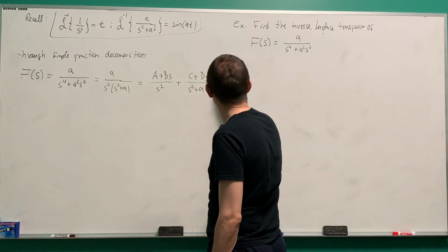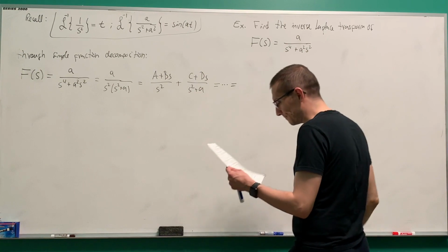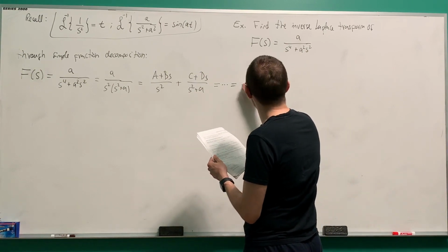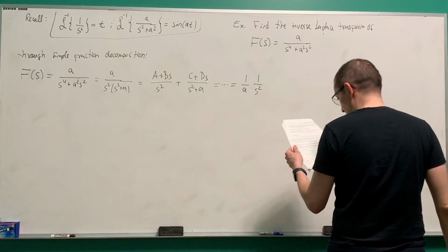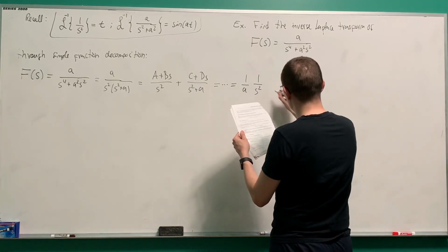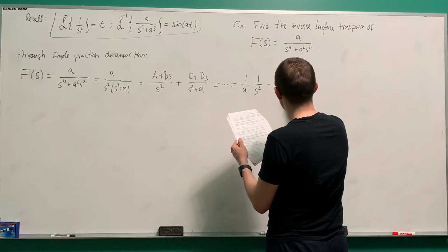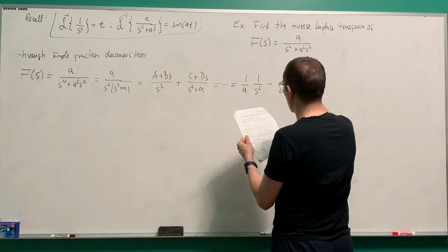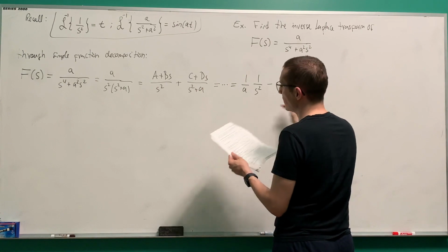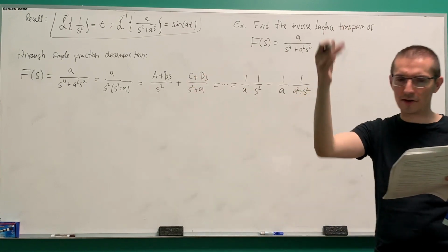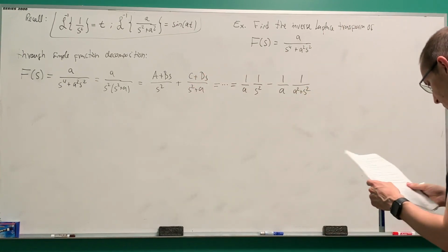The result, after doing the steps, is 1 over a, 1 over s squared, plus or minus 1 over a, 1 over s squared plus a. That's a very simple system of equations. Two unknowns, two equations, very simple, and you get that.